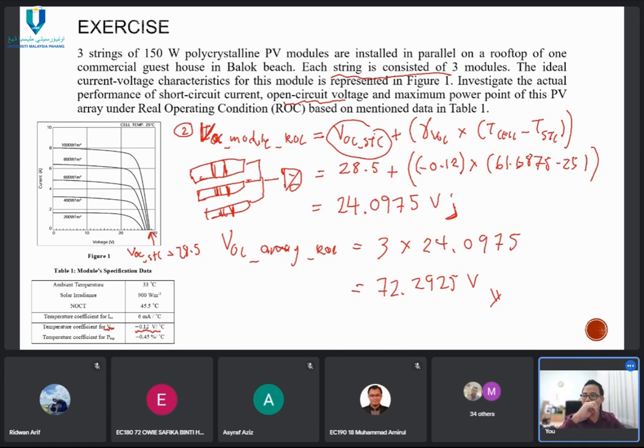The NOCT is not 1000 watt, it's 800 watt. But please don't use the value of NOCT, just focus on STC. Just look for the STC one.